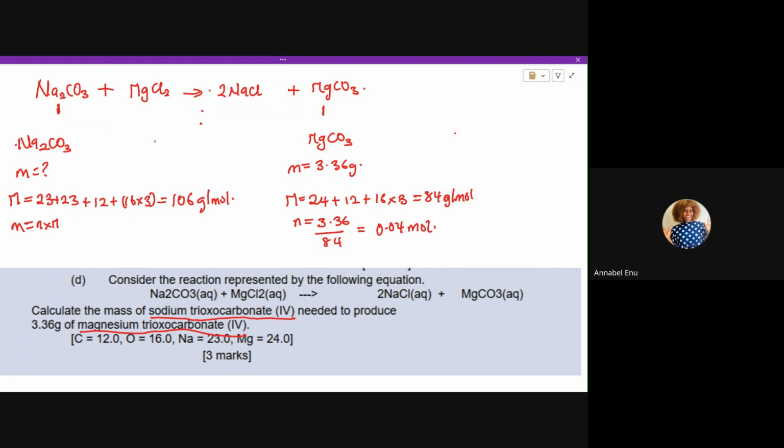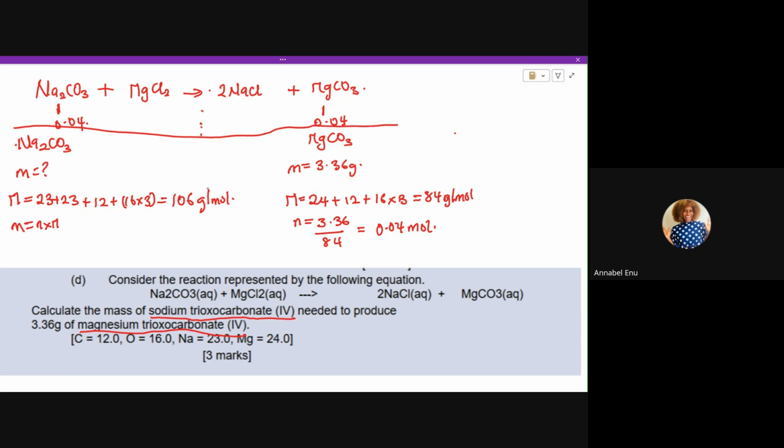All right. So now we go back to our mole ratio. Since we've gotten the mole of the other one, we see that in our mole ratio, one sodium tricarbonate gives us one magnesium tricarbonate. So if one gives us one, then 0.04 will give us the same thing, 0.04.